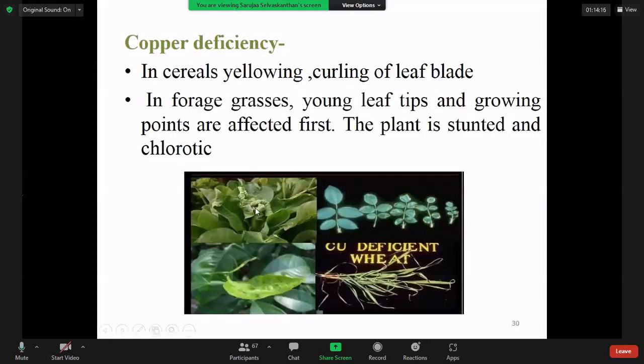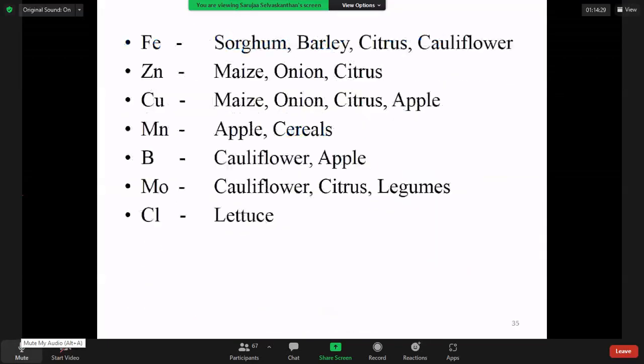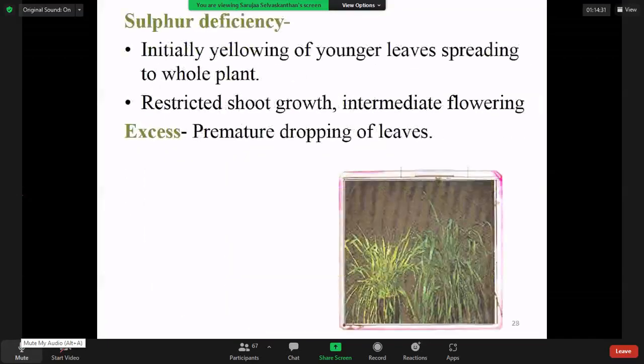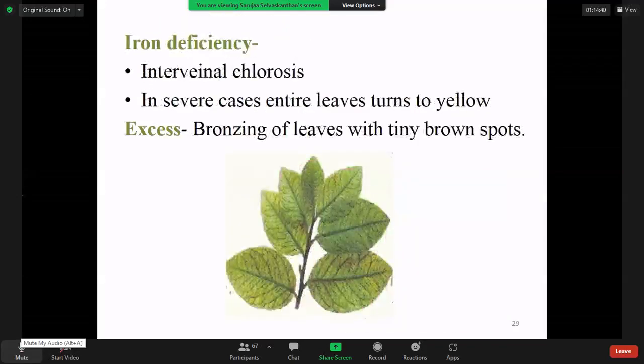Can you see? Yes, ma'am. New leaves turning yellow in color. These newly emerged leaves change into yellow. What's the deficiency? Sulfur.